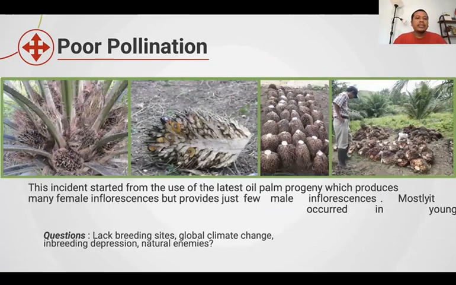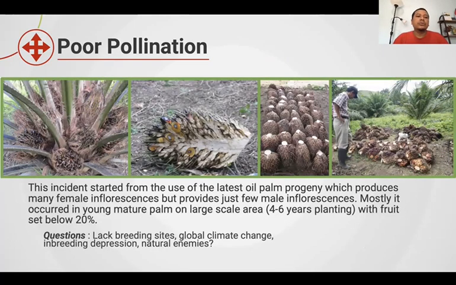The poor pollination problem started from the use of the latest oil palm progeny. It's called quick starter progeny, which produces many female inflorescences but provides just a few male inflorescences. So mostly it occurred in young mother palms on a large scale area, 4 to 6 years after planting, with fruit set below 20%.